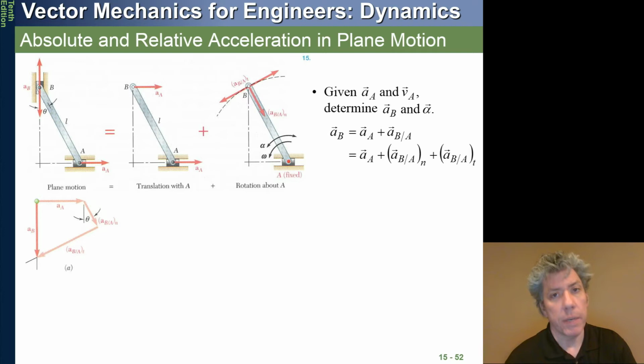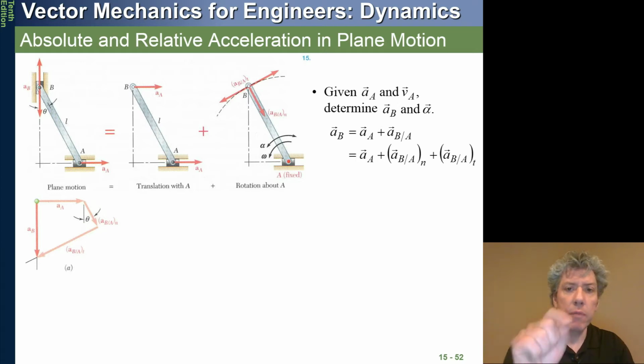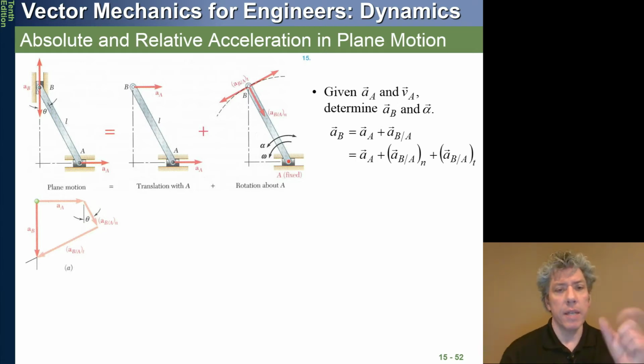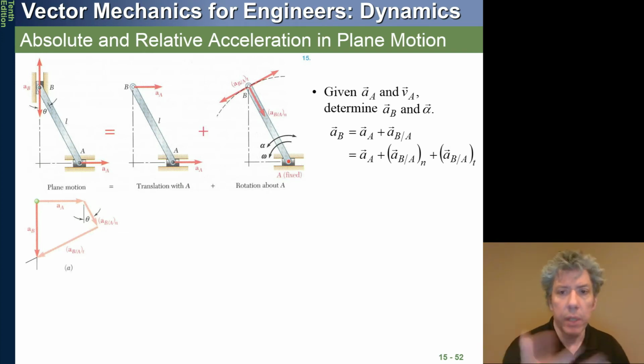But of course we're talking about acceleration now. So the direction of the normal vector has to be from point B to point A. So if we take the acceleration of point A and add to it that normal piece, we're going to have to add the tangential piece, and we'll end up with the acceleration of point B. That's what the equation says.